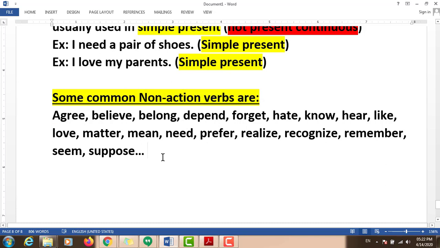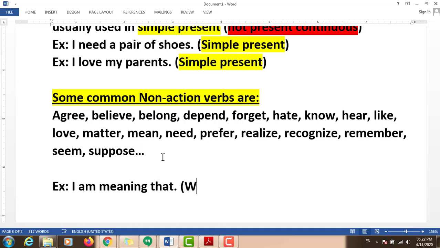Okay, so let me give you an example. Like you cannot say, I am meaning that. Okay, so this one is wrong because mean is what?